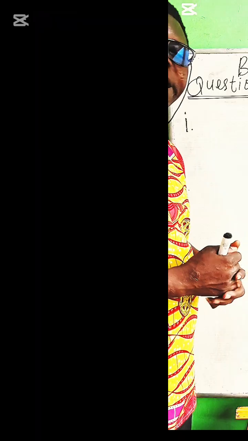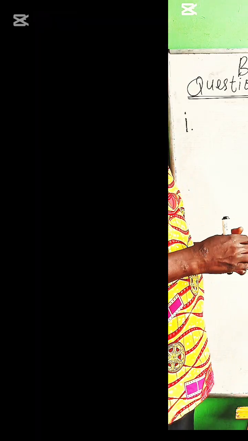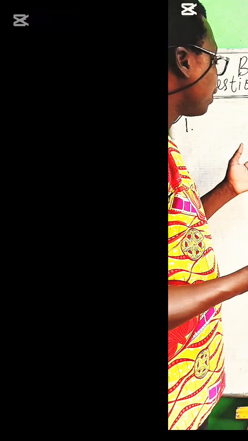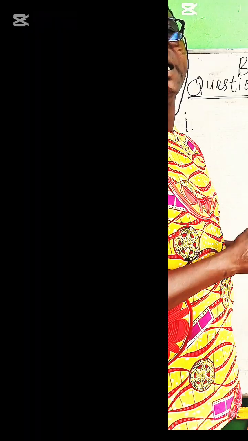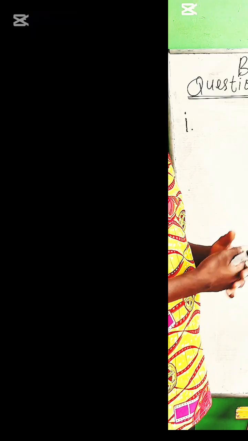Now, part (i) of question 4a says that we should look for their yearly income. Looking for their yearly income is quite simple. Once we know their monthly income, we know in a year we have 12 months. Then to know their yearly income, you just multiply their monthly income by 12. So we are going to do that for each of them.